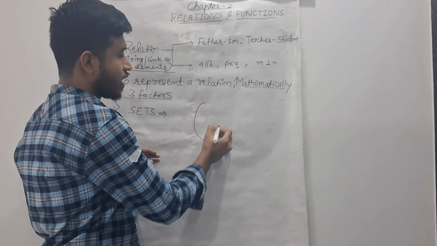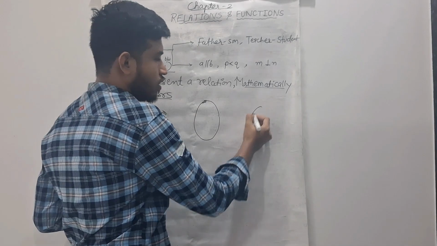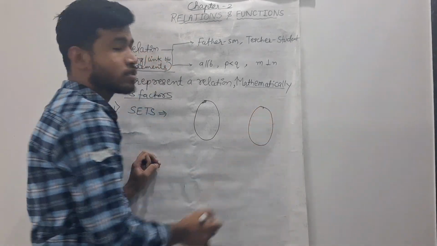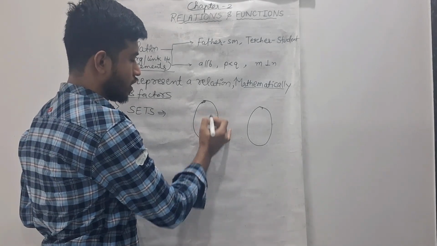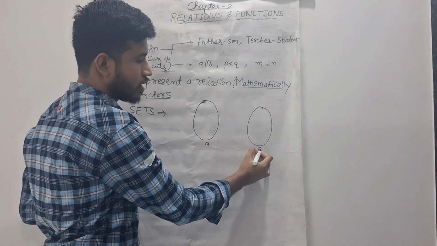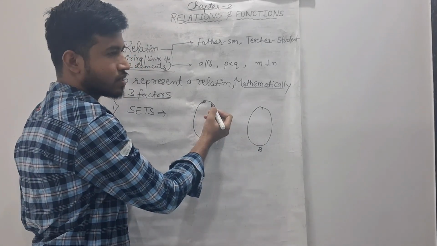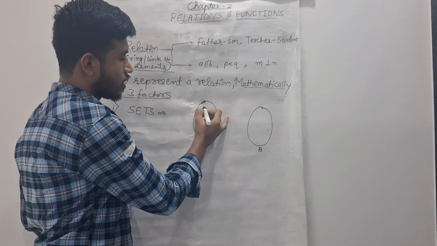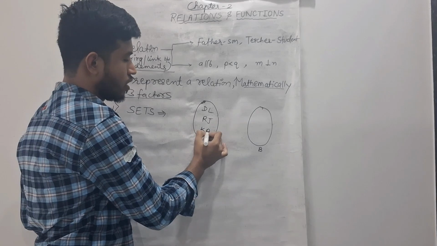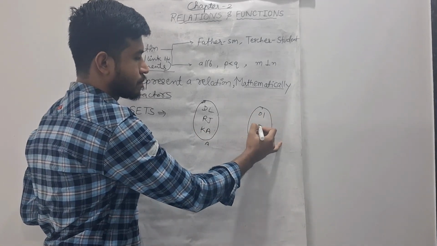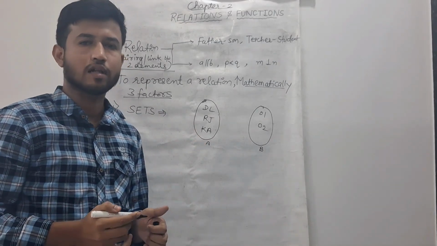Like we will take an example and understand this by an arrow diagram. This is set A, this is set B. We have taken two sets in which elements are as follows: DL, RJ, KA, 0, 1, 0. You have seen vehicle number plates.